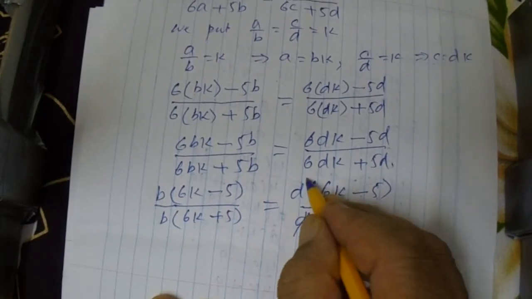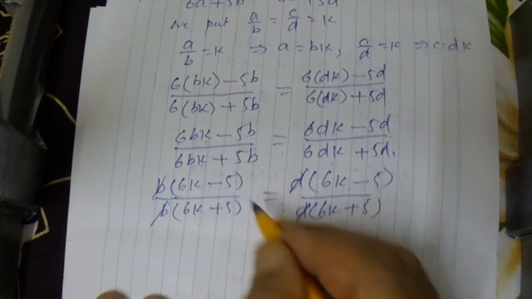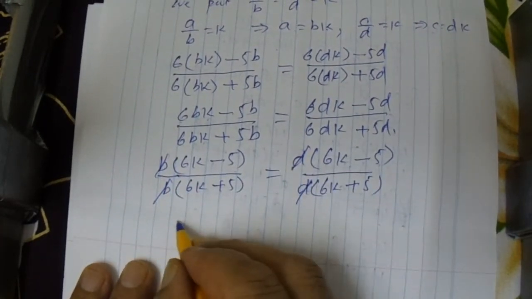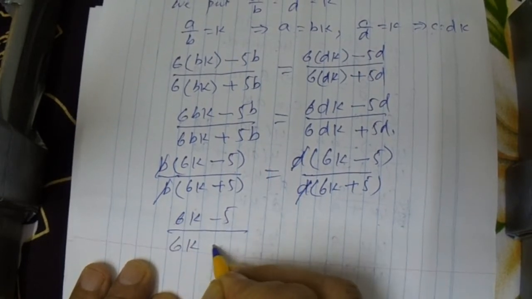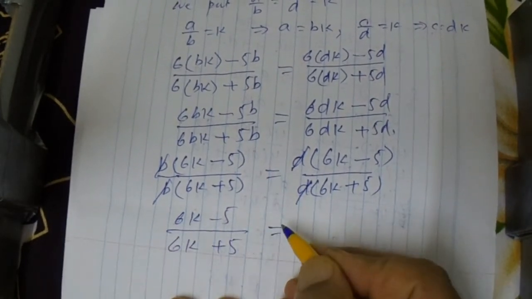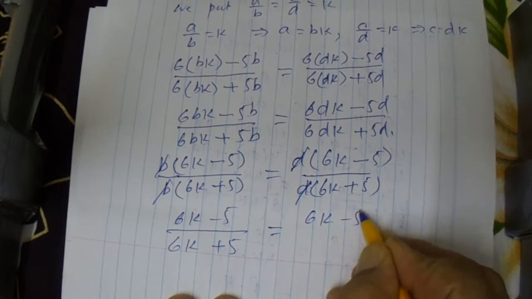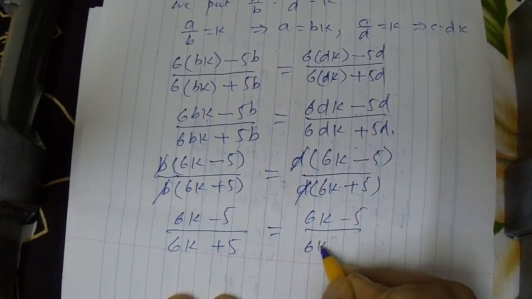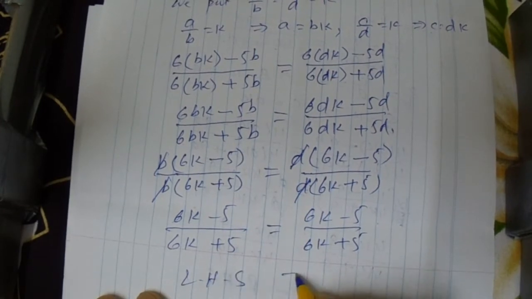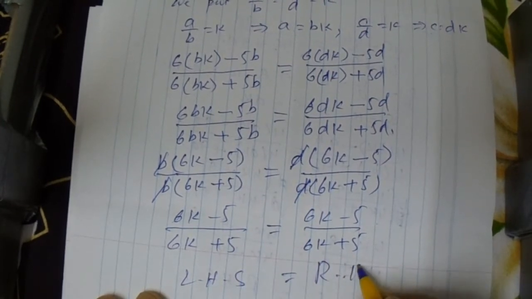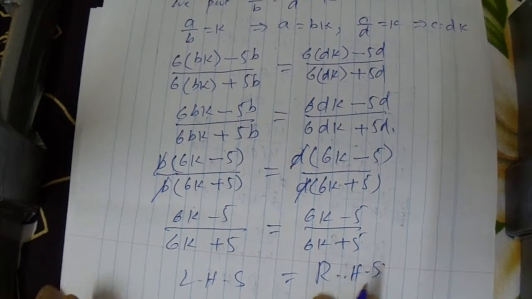Now this D will cancel this, B will cancel this, and we have 6K minus 5 over 6K plus 5 is equal to 6K minus 5 over 6K plus 5. Now left hand side is equal to right hand side. Now this is the second part, we show that.